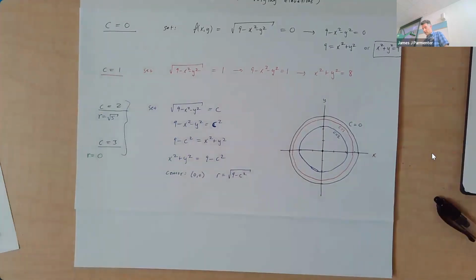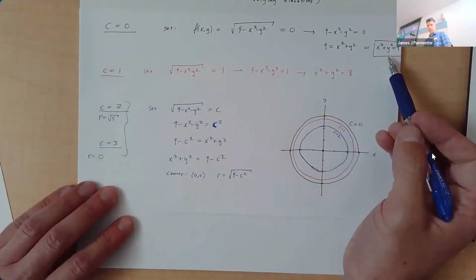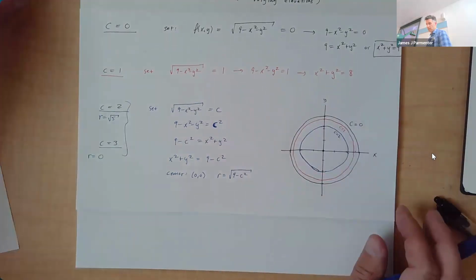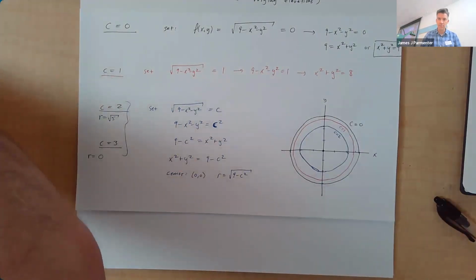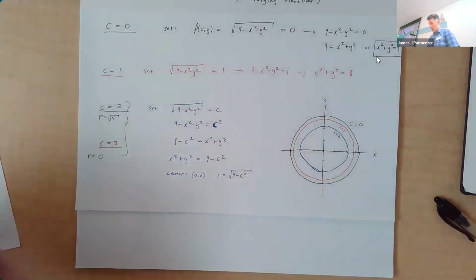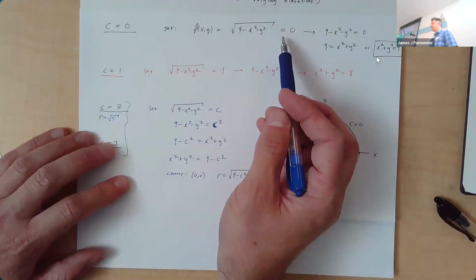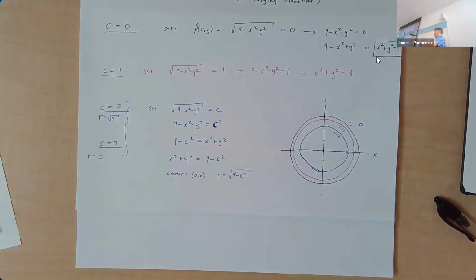Sure, so what I was doing for this first one here, which you can't see very well because it's in the way there. My face always in the way, sorry. So for this first one, I set it equal to 0. And then, and this is really kind of the thing you have to learn with practice. If you see x squared plus y squared or minus x squared minus y squared, you typically want to isolate those things on their own side where they're both positive.